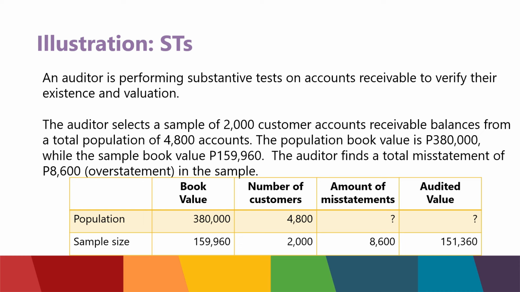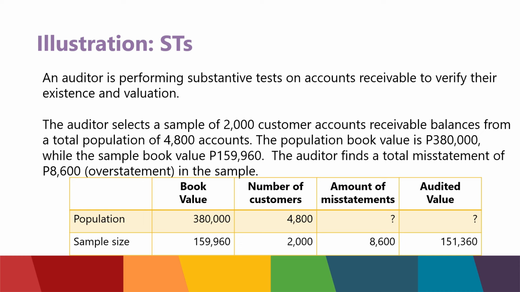But the books, the list of our client, showed 159,960. So that means that the sample book value is overstated. It is overstated because it's more than the audited value. It's overstated by 8,600.